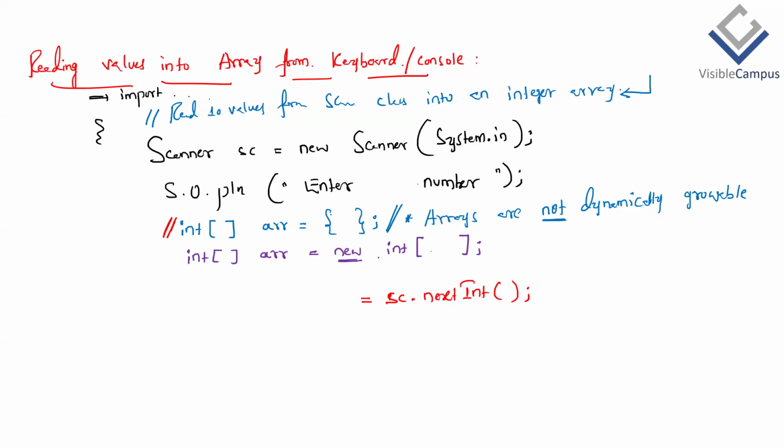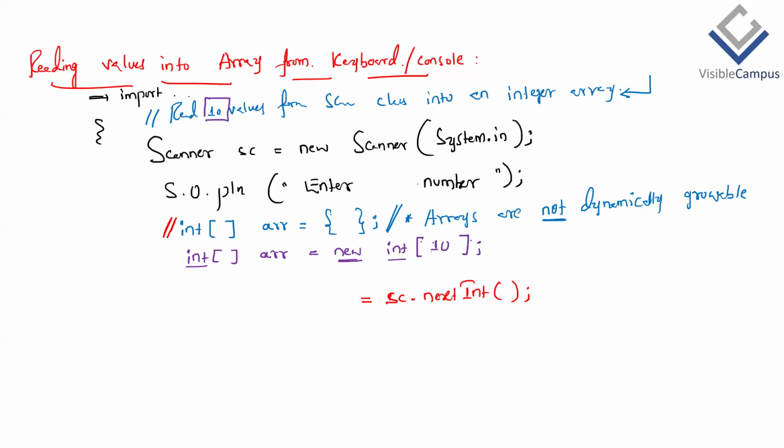New means what? Object. The object will be stored in heap memory, which is why arrays are also stored in heap memory. The same type, integer, here also integer. Then inside the square brackets we have to mention the size. How many values do we have to read? 10 values, so mention the size 10.